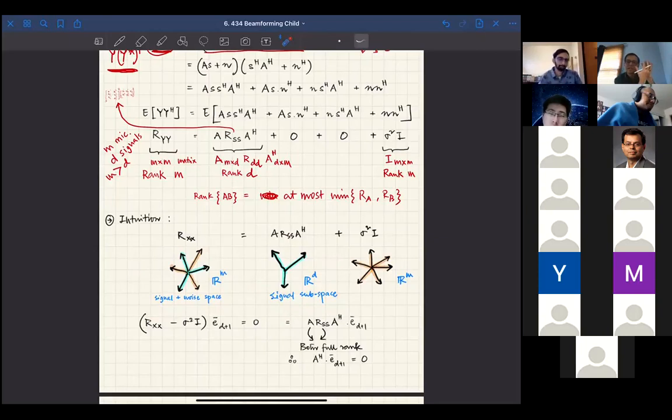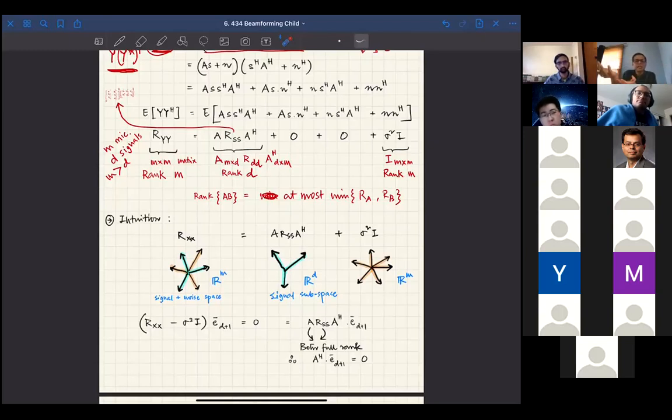But the source signals span a D-dimensional space because there are D sources. Because I have M antennas, I have mixed those D vectors and spanned an M-dimensional space where M is greater than D. It's kind of an inflation. Make sense? And there is noise which is spanning M-dimensional space. Does the intuition make sense?